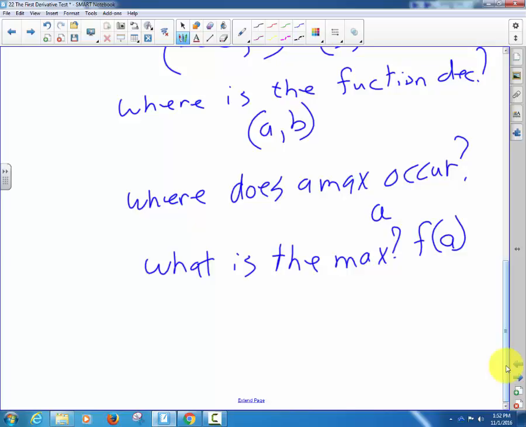It is in this case because I'm lazy. I'm not going to figure out that number in there. But F of A is not the actual value to write down on your paper. I could ask, where does the min occur? You'd say B. See all these kinds of questions that can be asked. You've got to be able to put all of this stuff in your head and figure it all out.